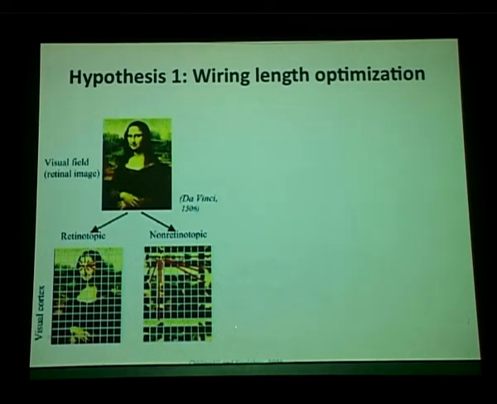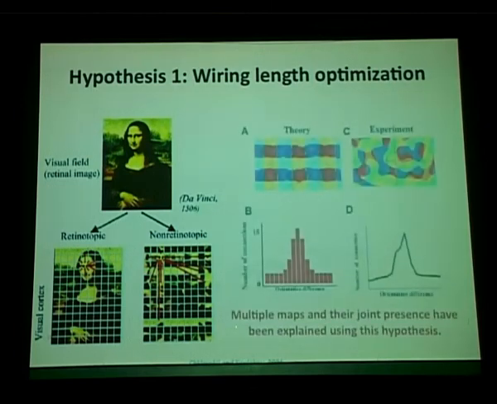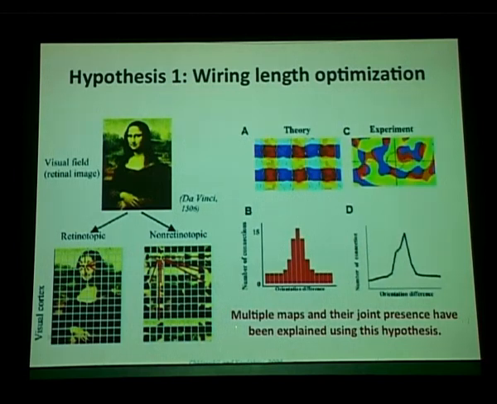So one of the suggestions was that the map organization is an evolutionary solution, as it were, to the problem of optimizing the amount of wiring length that is required for achieving the same processing that would be required otherwise, right? This same kind of argument has been used for multiple different maps, where they would use different kinds of connectivity patterns.